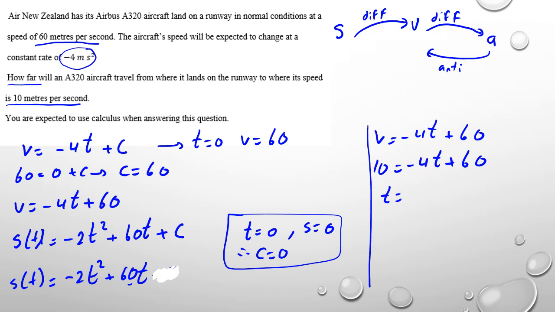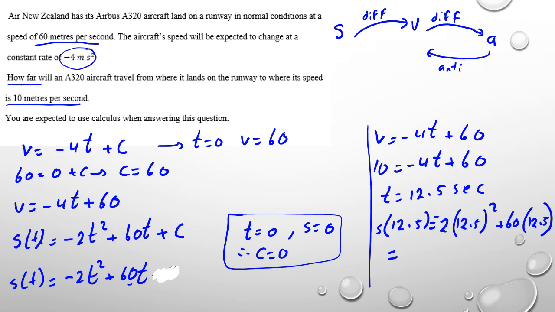After you rearrange, you get t is 12.5 seconds. Now I'm going to substitute that in the distance equation to find how far it went. You can see it's quite a multiple-step question, and that's why it's an excellent question. You end up with 437.5 meters. So that's the distance.